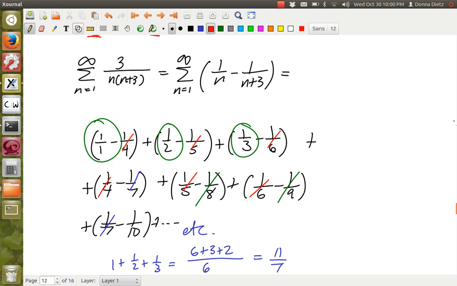But then for every couple here, other than the 3 that are circled, for all the other couples, think of this as an ordered pair here. The second one always cancels out with the first one down below.